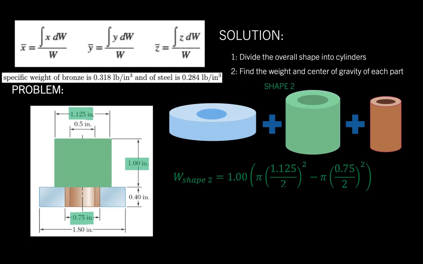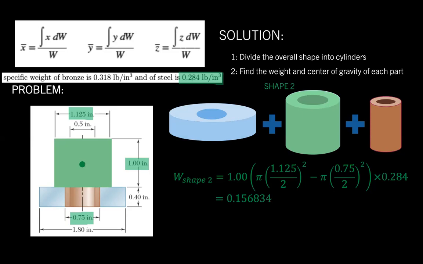So minus pi times 0.75 over 2 squared times 1. And then we multiply this whole thing by 0.284 pounds per inches cubed, which is the specific weight. And we get that the weight of shape 2 is equal to 0.156834 pounds.